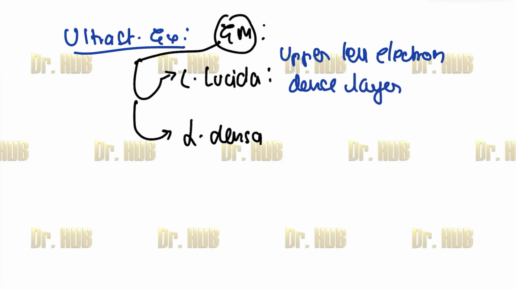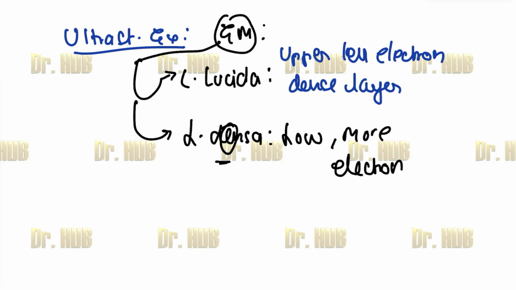And the lamina densa is the lower, more electron dense layer. Densa means the electron dense one.